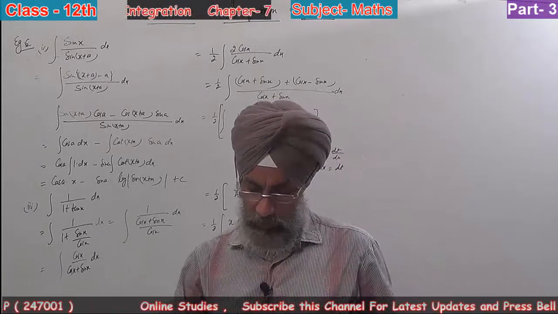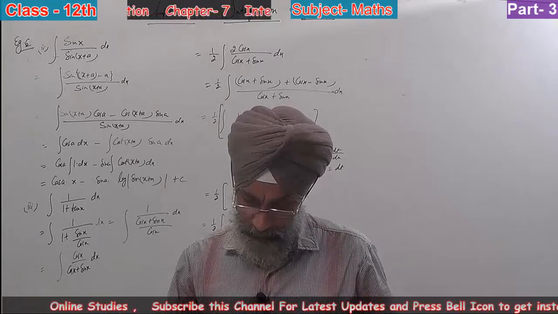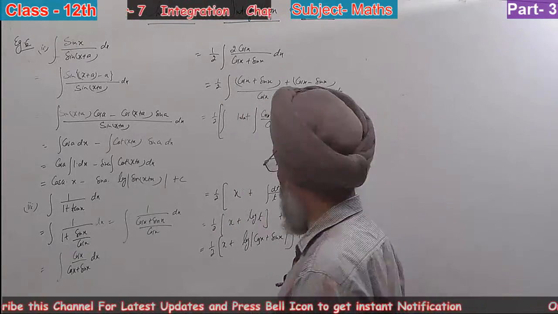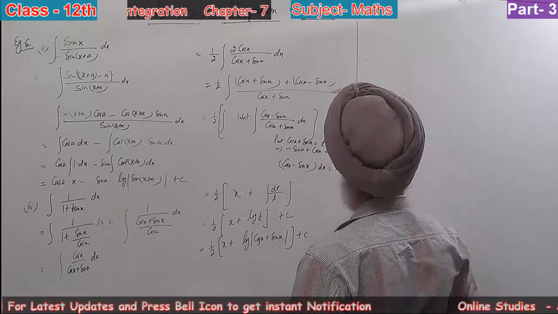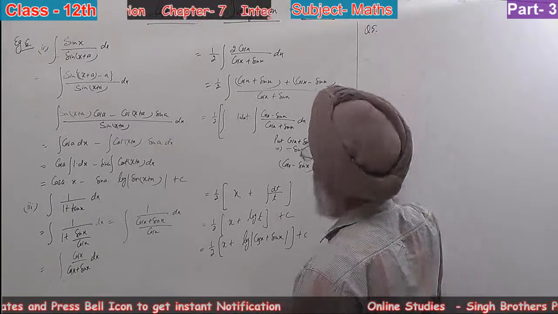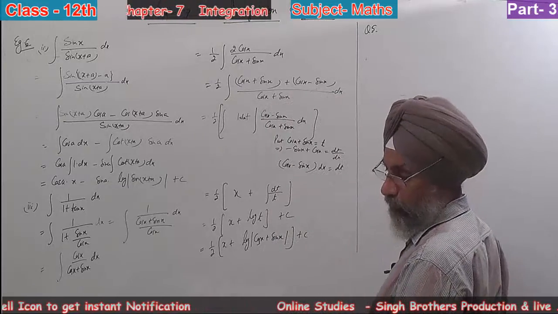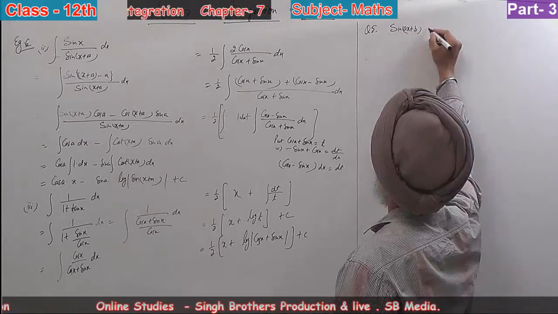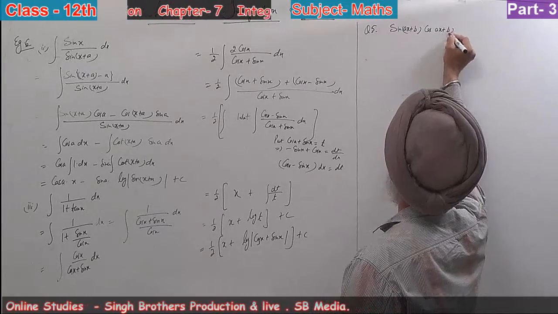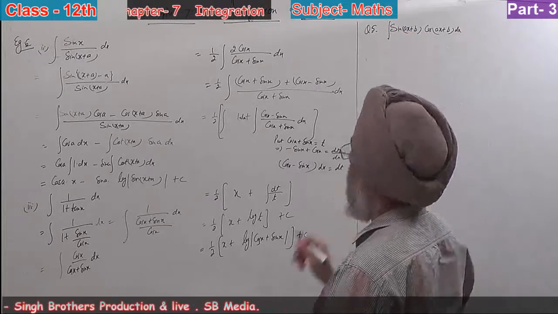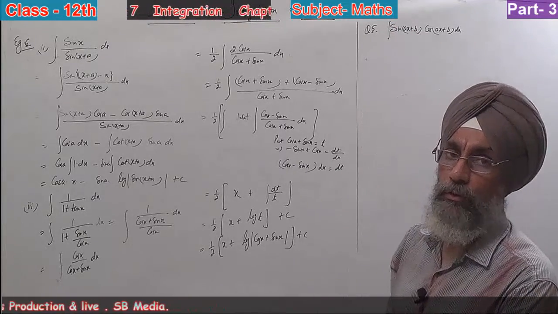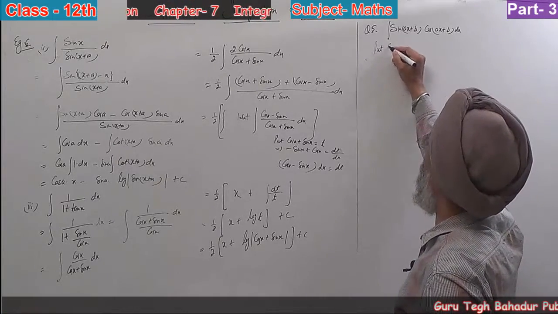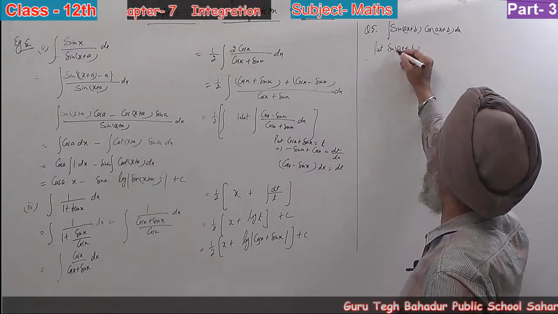If you see some of the questions in the exercise, let us see question number 5. It is sin ax plus b cos ax plus b. We can integrate this question in 3 ways. Let us take sin ax plus b is equal to t.